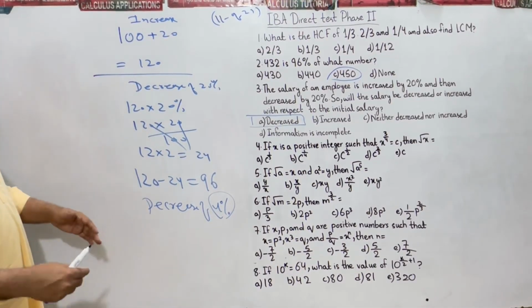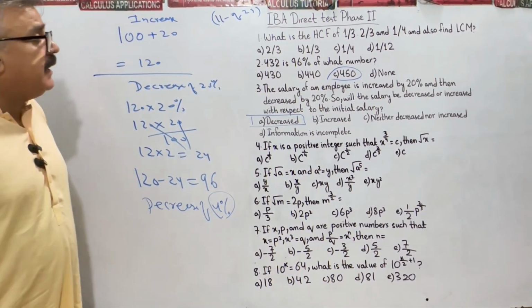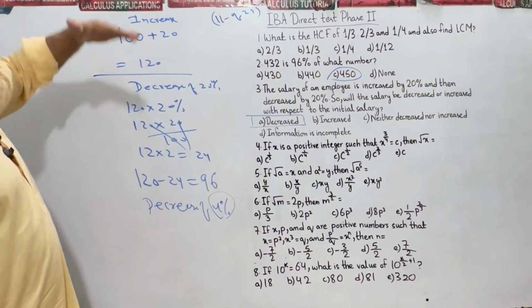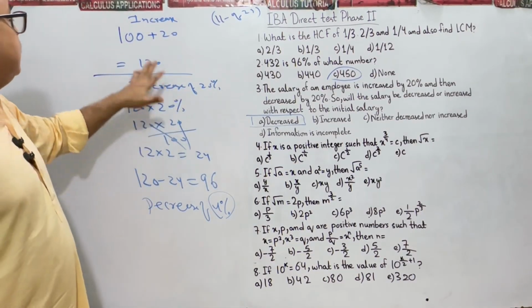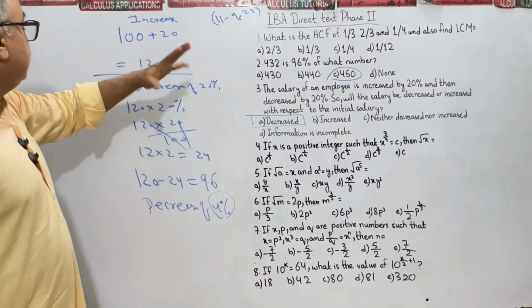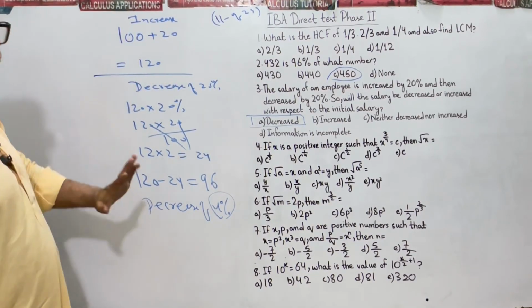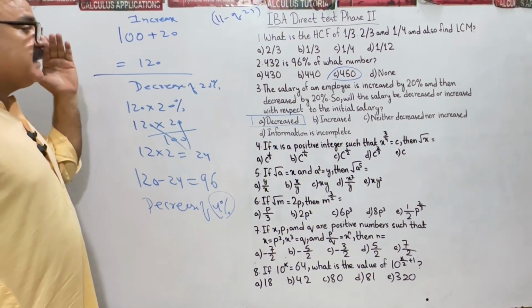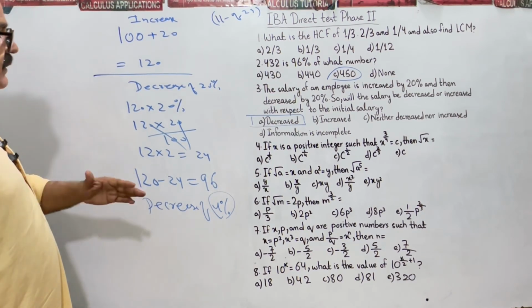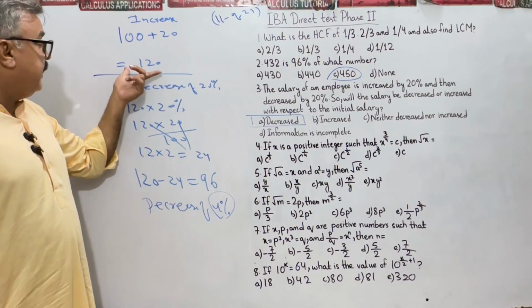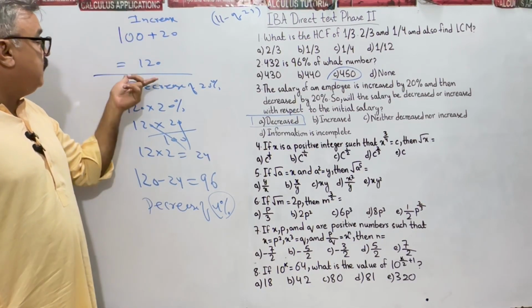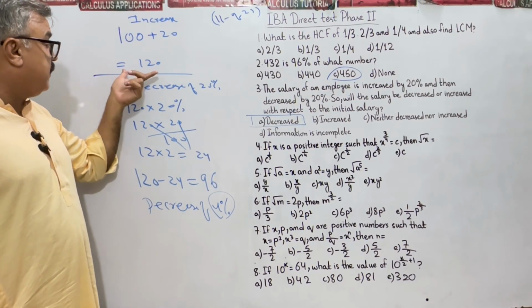The salary of an employee has been increased by 20%, raised by 20%. 100 plus 20, we have no idea about the salary, we are dealing in percentage, it will become 120. There is a curtailment of 20%, a decrease or reduction of 20%. After an increase of 20, we are not at 100, we are at 120%.